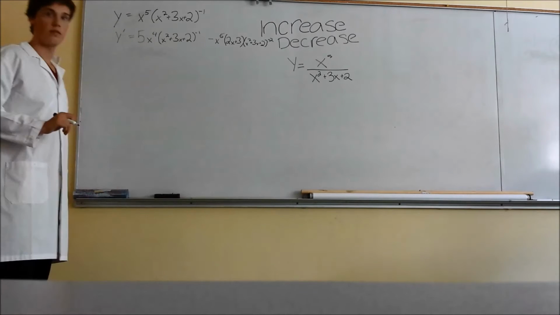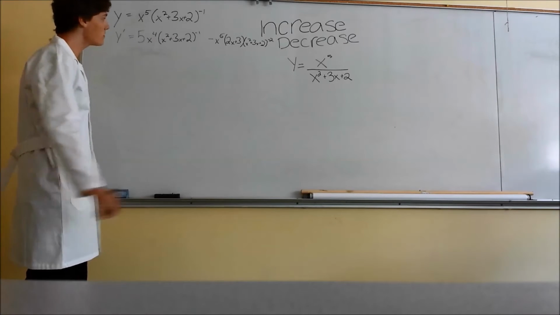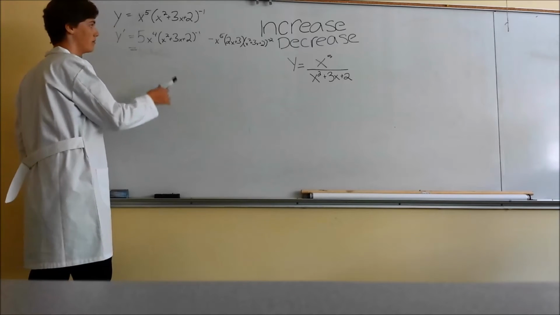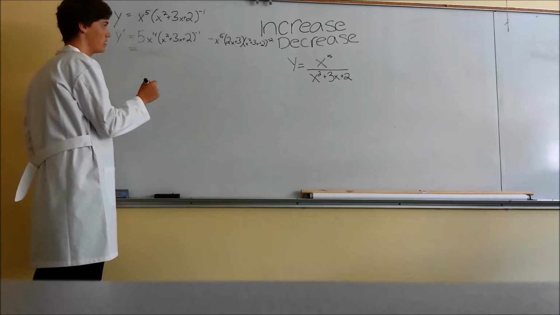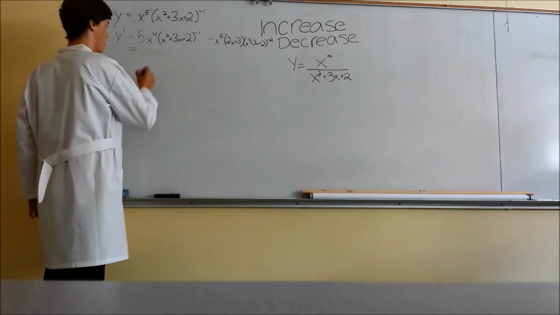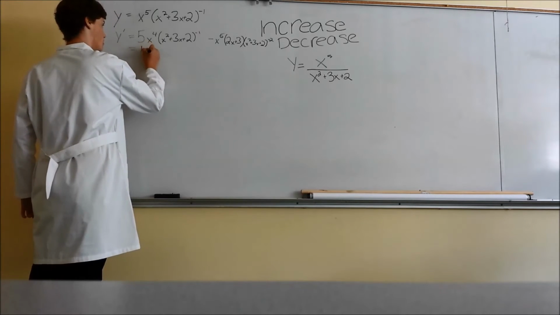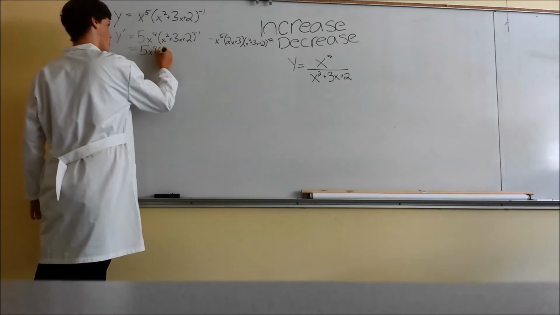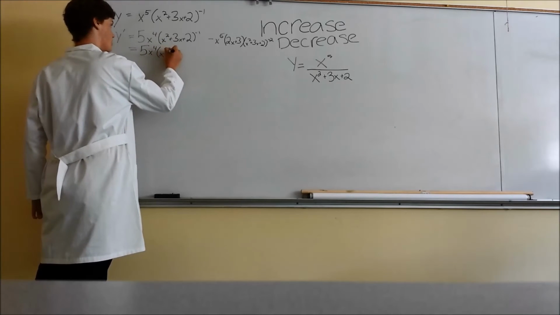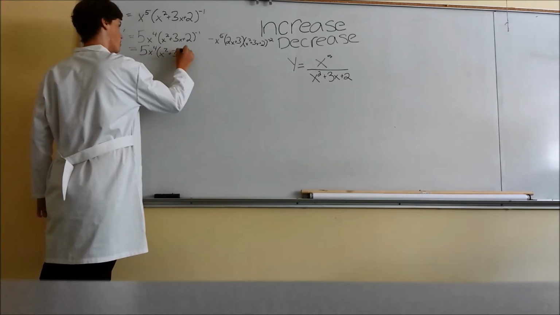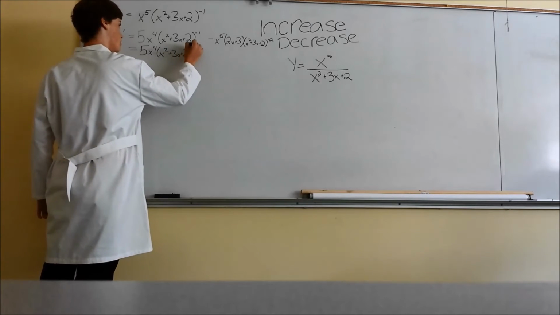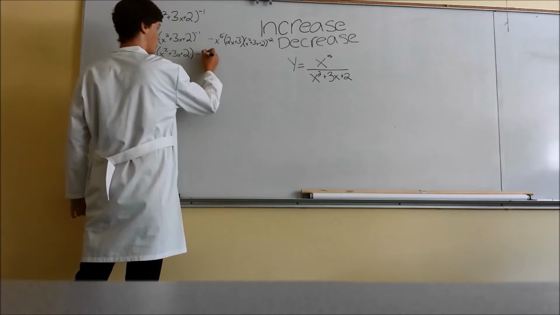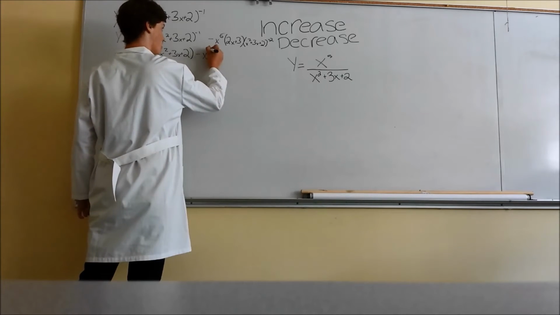We expand. Next we have to attain a common denominator. In this case it will be x squared plus 3x plus 2 all to the negative 2. So we must multiply 5x to the 4 by x squared plus 3x plus 2. Our next part remains the same.